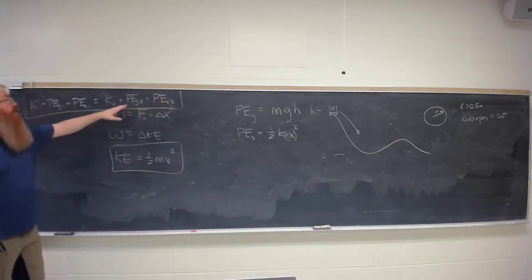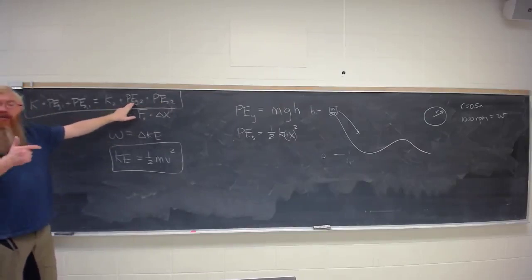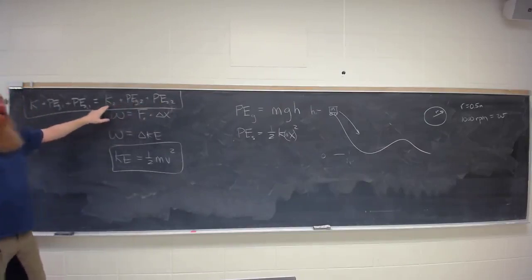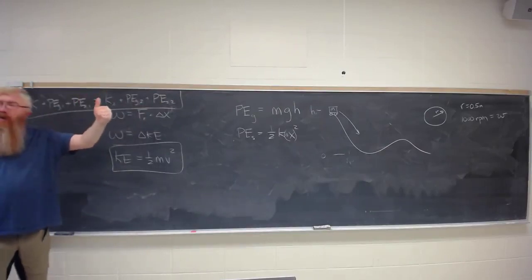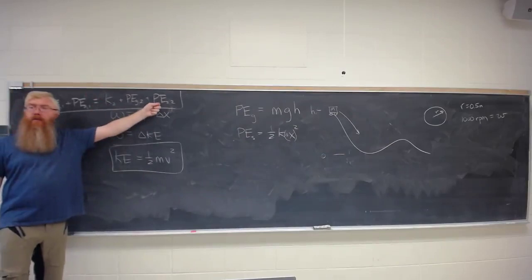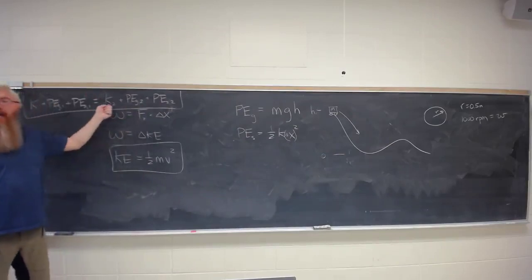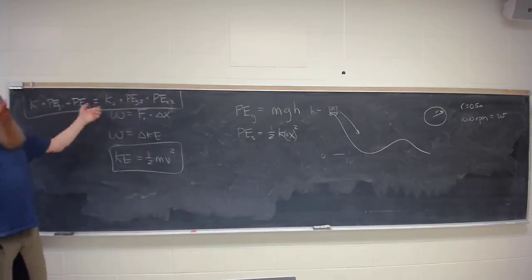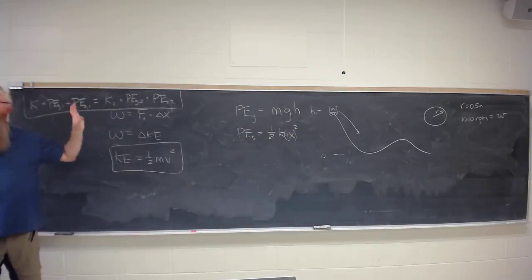So all the energy would have had to be in gravitational potential, which was increasing as it went up the ramp, and kinetic. When it finally reached the very top of its motion, how much energy was in the spring? 0. How much energy was in kinetic? 0. So all of it was in gravitational potential. Ideally, of course, we lost a little due to friction, but we're going to pretend friction doesn't exist for these problems for now.